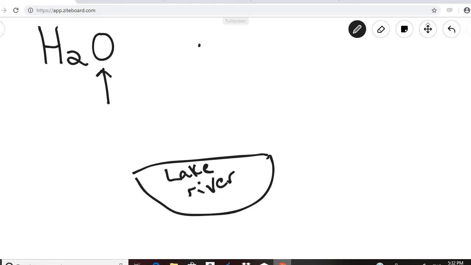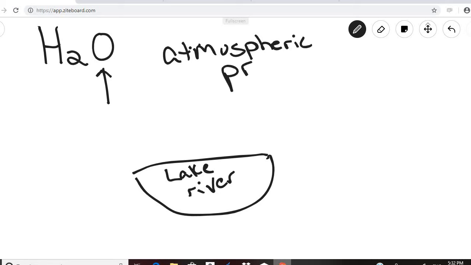atmospheric pressure pushes oxygen. There's oxygen in the air, and that atmospheric pressure pushes oxygen, in the form of O2, a gas.